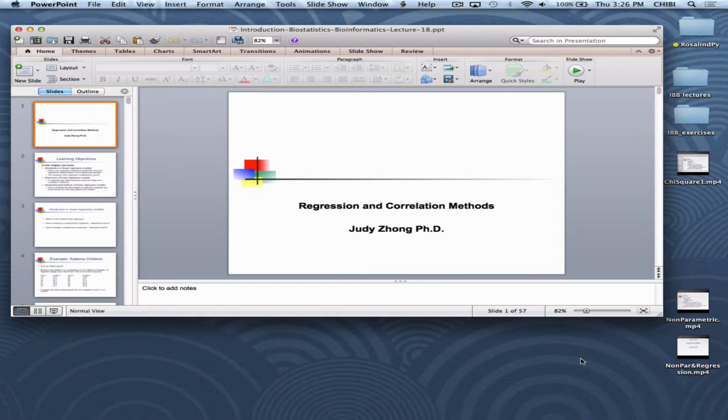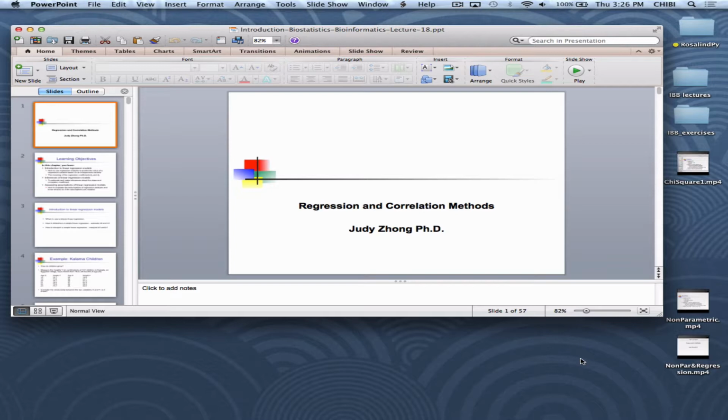So for correlation, it really means that if you have two continuous variables and you want to see whether or not they're correlated, the tool for you to use is called regression. Regression can enable you to assess whether X and Y have any correlation.